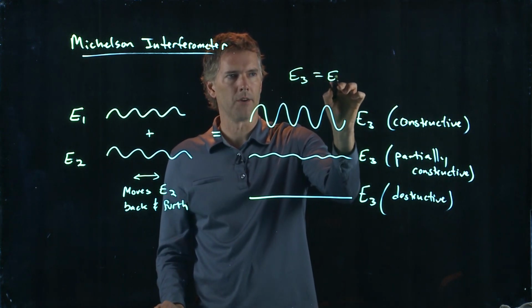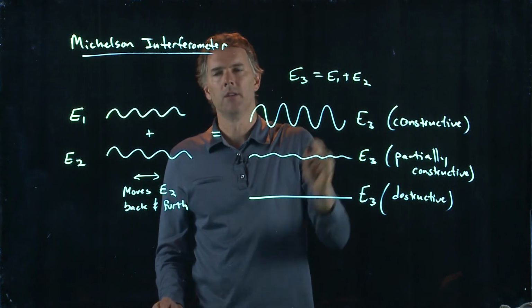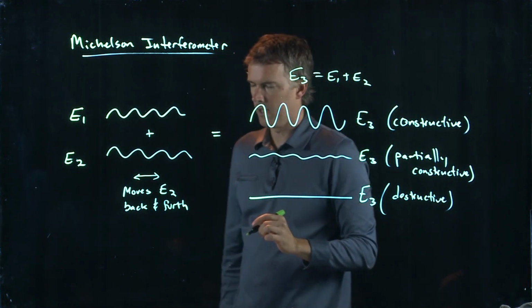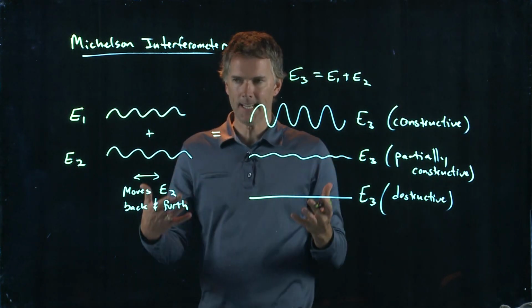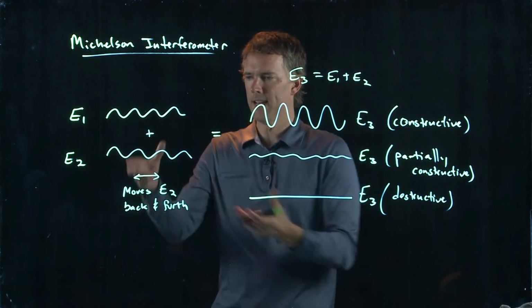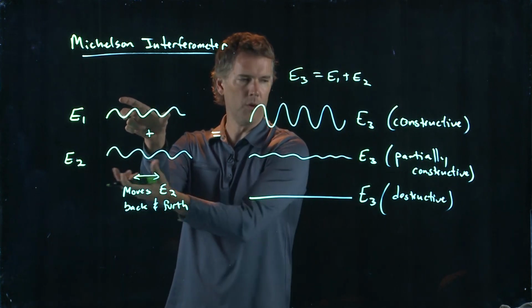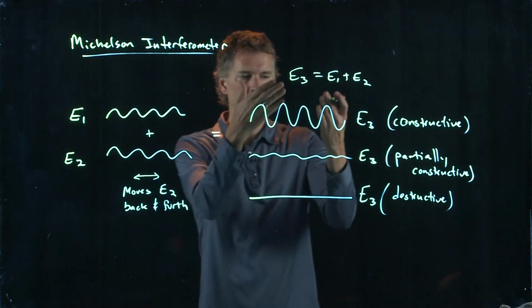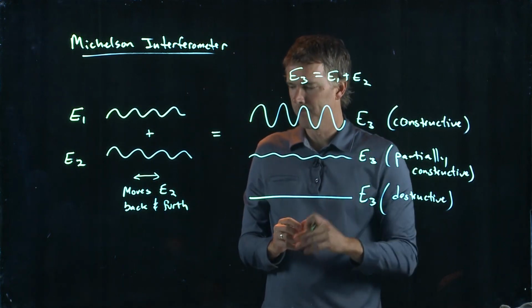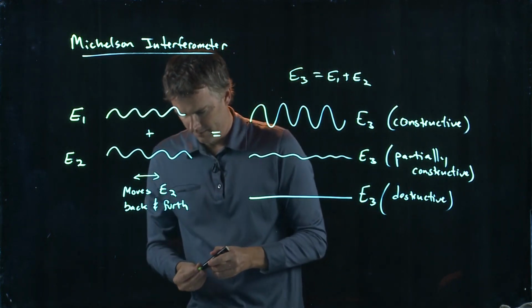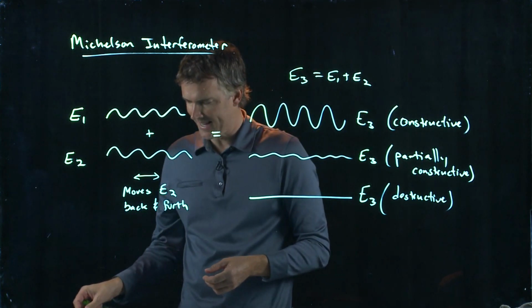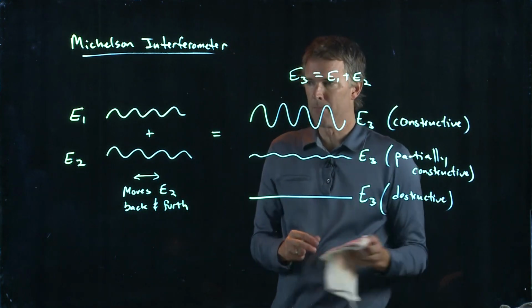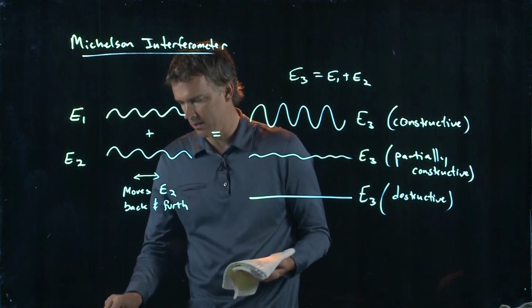And what you're going to monitor is E3. Okay, so this is the basic idea with an interferometer. Take two fields, move one of them back and forth slightly, and now you can measure the output. All right, so let's talk about this idea of the Michelson interferometer and what it actually looks like.